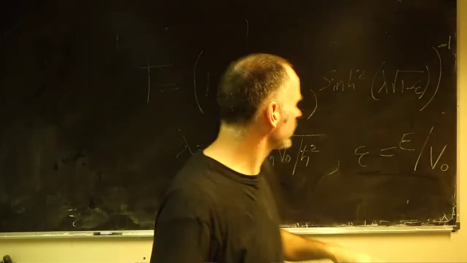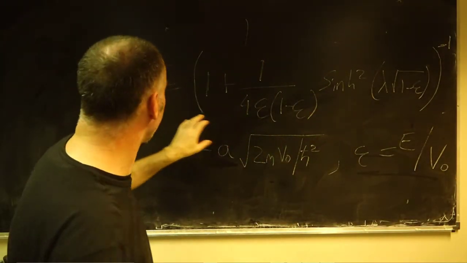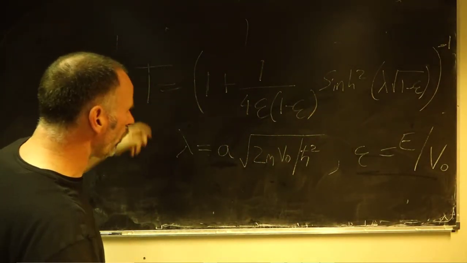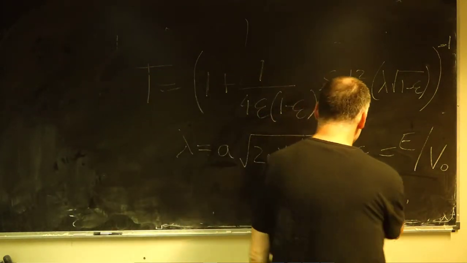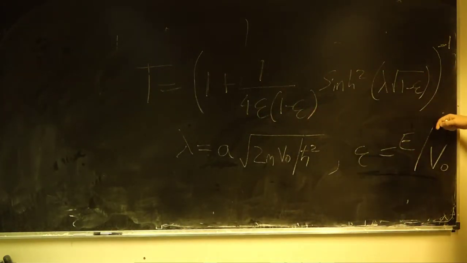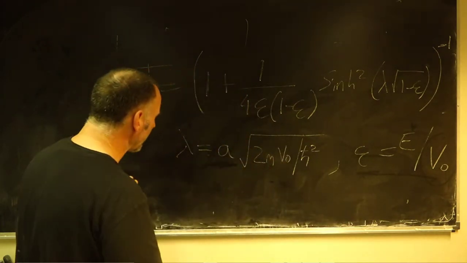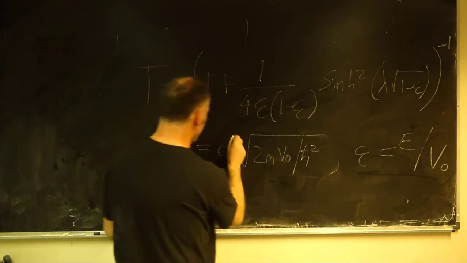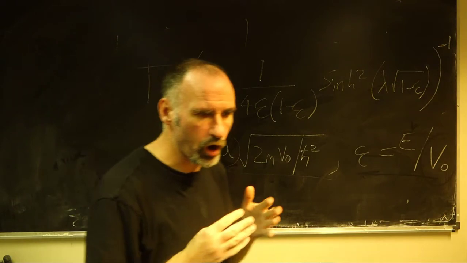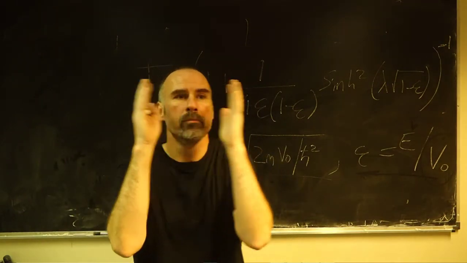Okay, so we've reduced the transmission coefficient to this form, where we've got two key parameters. Epsilon, which is telling us about the relationship of the energy of the tunneling particles to the height of the barrier. And also this term, which is counted in terms of the width of our barrier region.